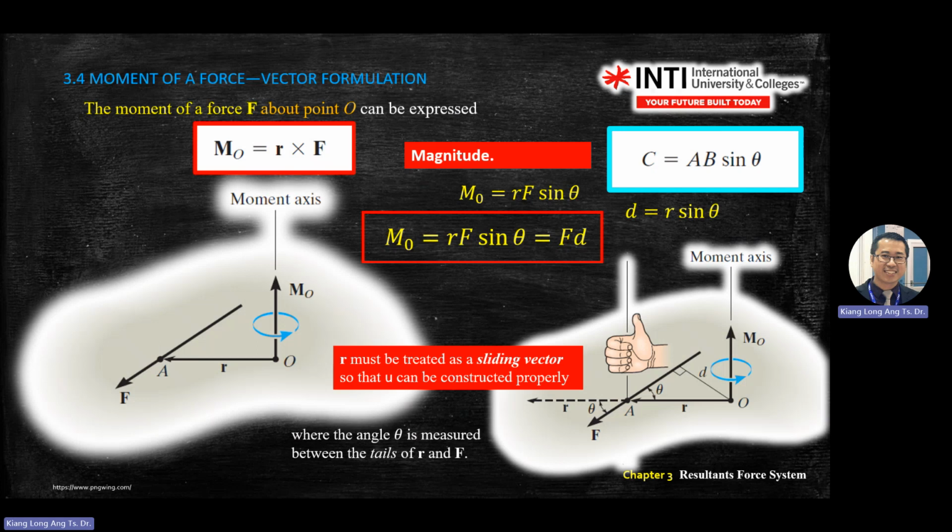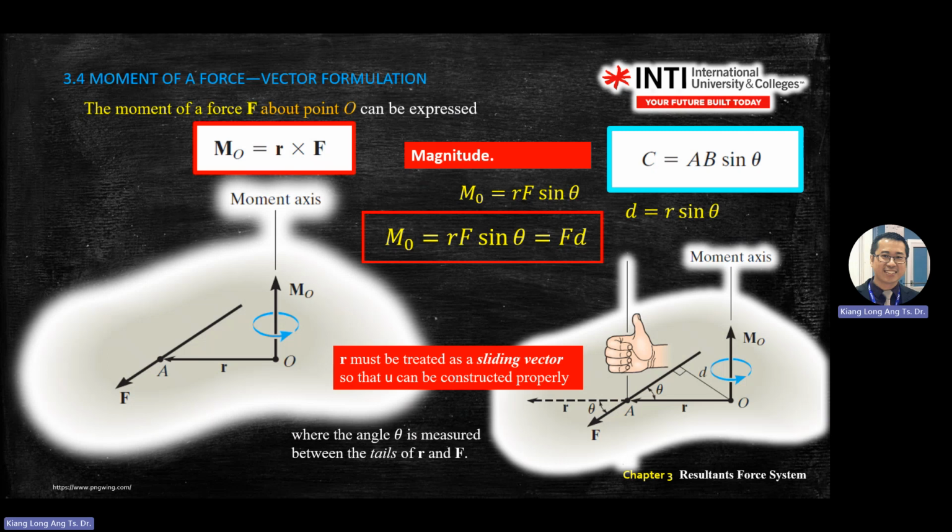It just makes sense. However, we won't ask you to derive the equation. We just let you make sense of it. Actually it makes sense that I get moment equals FD, and if I have vector cross vector, I take R cross F, I get RF sine theta. It just explains that it makes sense.